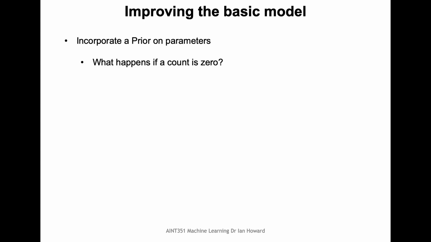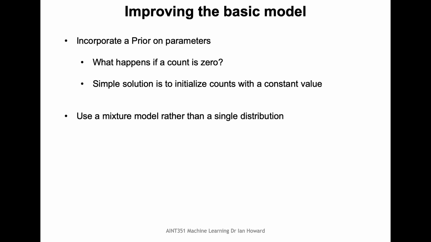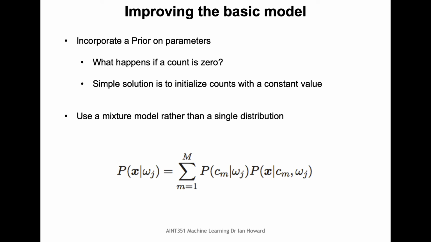We have to, of course, incorporate priors on the parameters, and if we're unlucky and we get a count going to 0, then we have to do something about that. Sometimes you'll see people hacking these things and putting tiny epsilon values in, so things never actually go to 0. Another thing that can happen is that what you're trying to model isn't actually a Gaussian, in which case you might have to use a mixture of Gaussians rather than a single Gaussian.